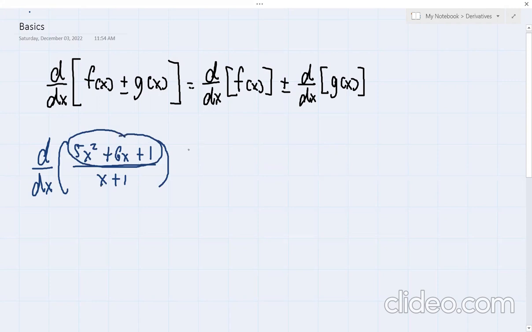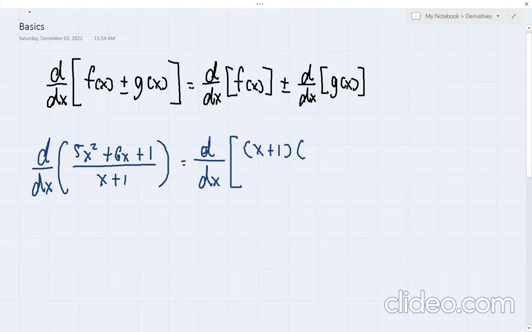Kung i-factor out mo to, this will be x plus 1 times 5x plus 1. Okay? Yun yung factored form sa taas.